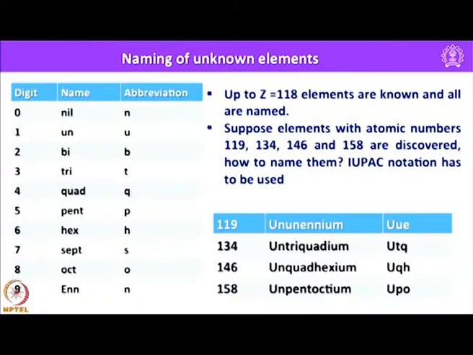In the same fashion, one can name atomic number 134 as untriquadium, atomic number 146 can be called unquadhexium, and the element with atomic number 158 can be called unpentoctium. So this is how we can name them without any problem until they are given names using the IUPAC system.